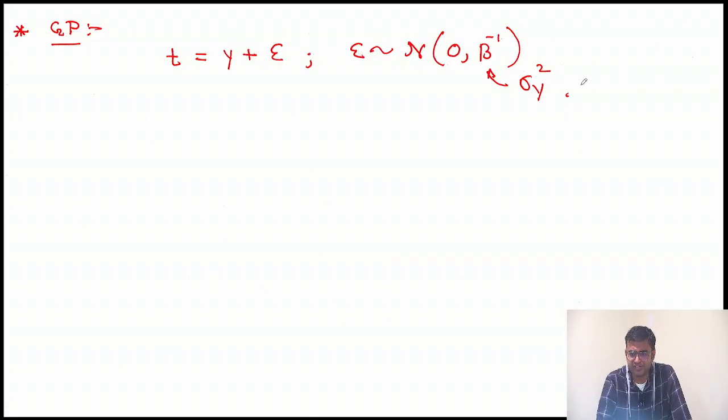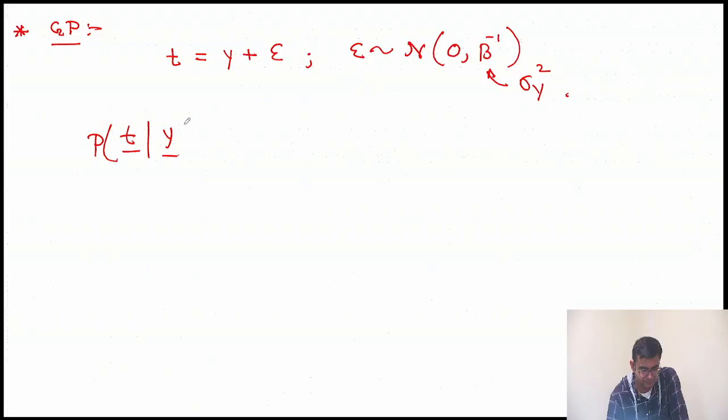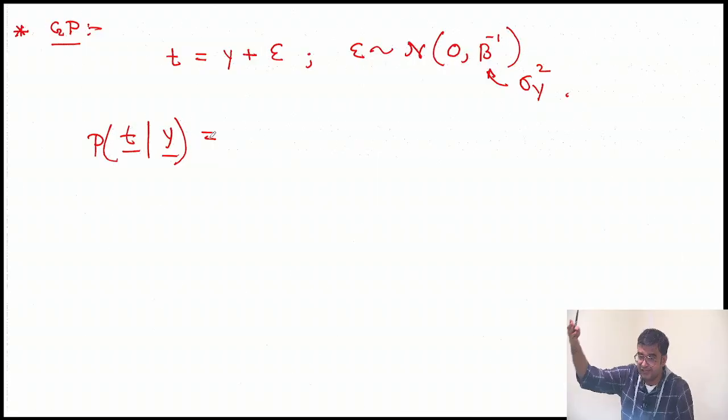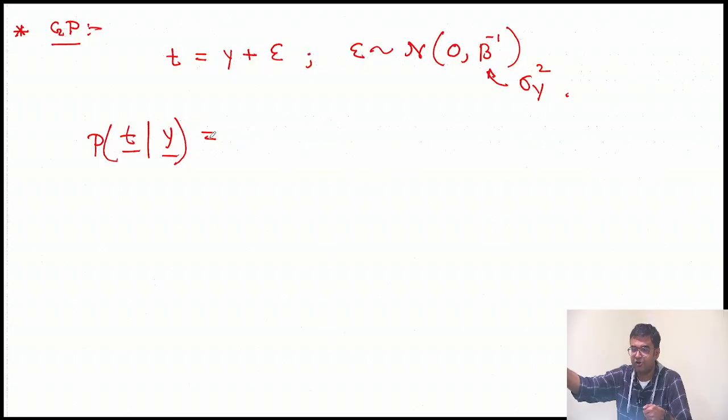From here, what is the next step? We find out the likelihood, right? So the next step was that we will find out the data likelihood, which is probability of T given y. Why am I writing T with a bar? Because this likelihood is for the data. Although T is a function and y is a function, I have measurements at some finite locations, let's say n number of points.